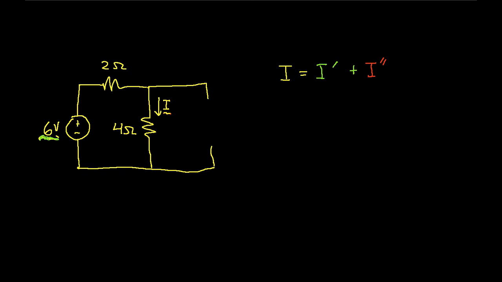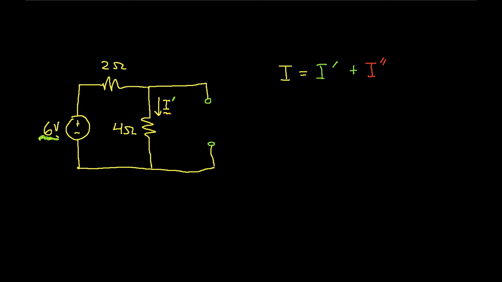An open circuit is something where no current flows from here to here, no matter how high the voltage across that is. In other words, I set the current source to 0. Okay, so now what we want to do then is, with our remaining 6-volt source, we'll solve for the current I prime.